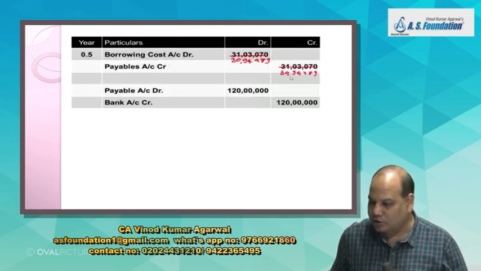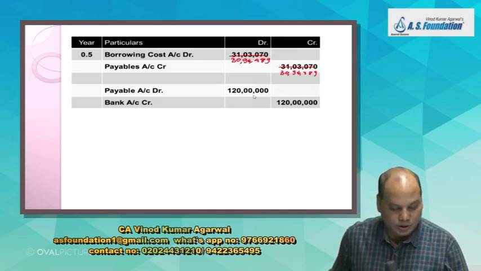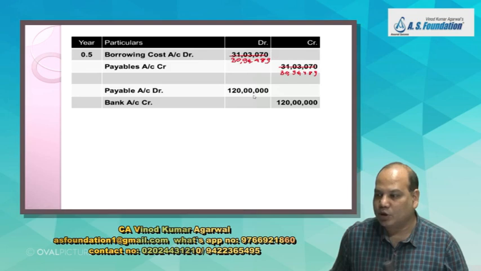Then you add 30,96,489 and then you deduct 1 crore 20 lakh, 4 crore 73 lakh. Keep on your calculator. But I need to pay 5 crore. So the difference will be treated as borrowing cost for the next half year. Minus 5 crore equal to.